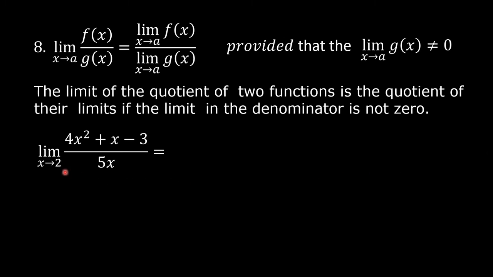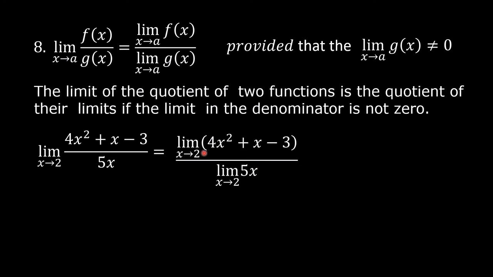Example, the limit of 4x squared plus x minus 3 over 5x as x approaches 2. This is equal to the limit of the quantity 4x squared plus x minus 3 as x approaches 2 divided by the limit of 5x as x approaches 2.